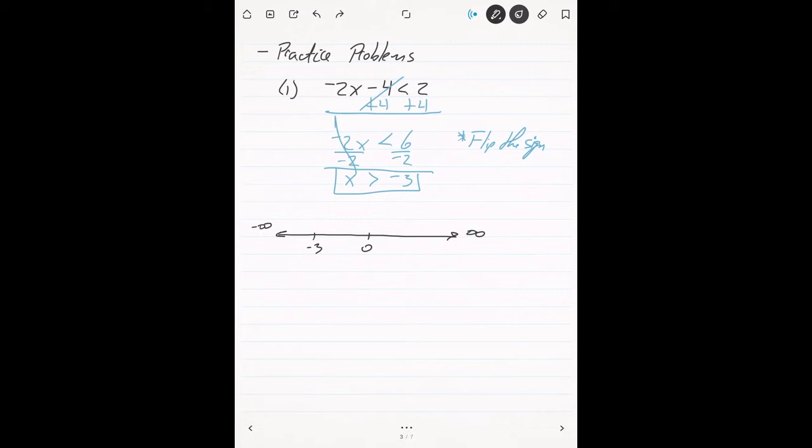So let's try to graph what it means to be x is greater than -3. I'm going to do this in red. I'm going to go to -3, and I want to highlight all of the solutions that satisfy this inequality. Everything greater than -3.